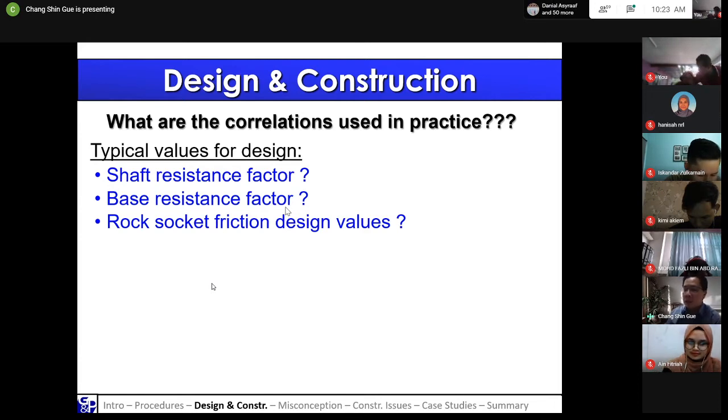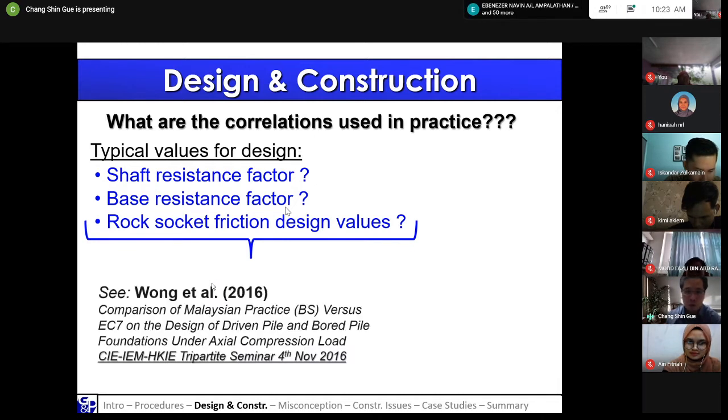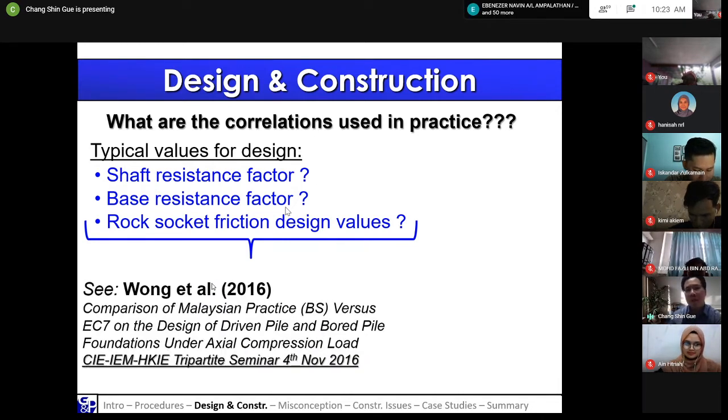So instead of me going through pages and pages of tables in terms of numbers, I'll straight away recommend you the following paper. This paper does not only give you the typical resistance factors that we use in Malaysia, but it also compares our Malaysian practice, which previously would be using British standards, versus the Eurocode. This is particularly for driven piles and bored piles in Malaysia.